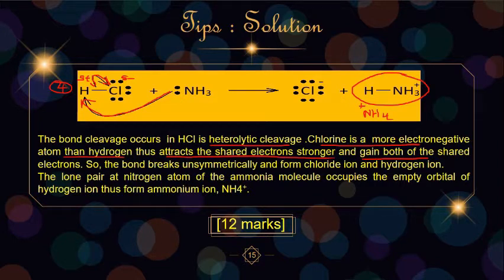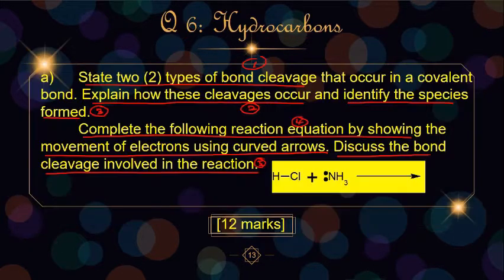This is how you need to show the arrow, and this is how you need to explain the formation of the breaking bond using heterolytic cleavage. So if you can see the question, discuss the bond cleavage involved in the reaction by showing the movement of electrons.